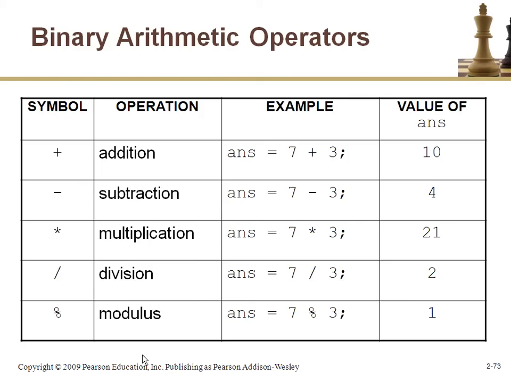For subtraction, answer equals 7 minus 3 would give you 4. With the asterisk, answer equals 7 times 3, the answer will be 21.